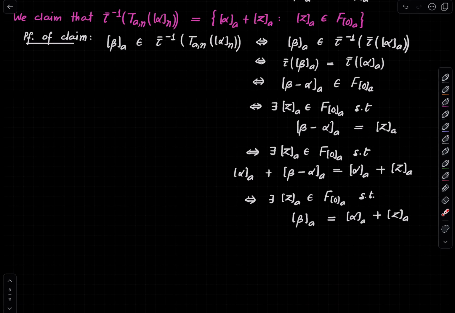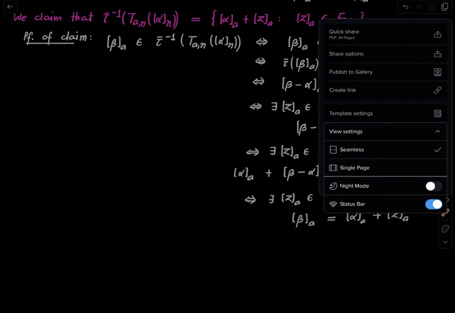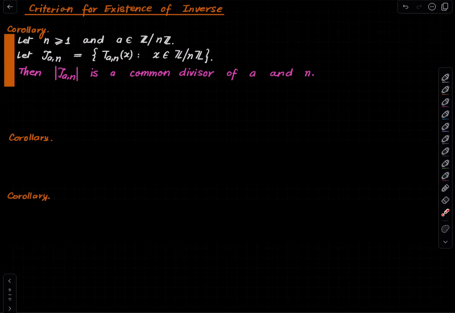This is the second equipartition property, but what does it say about inverses? So here we are. Now we can talk about the existence of inverses. So yeah, fix any positive integer n and let A be an element of Z mod nZ.